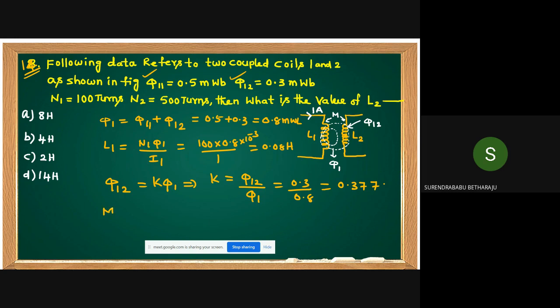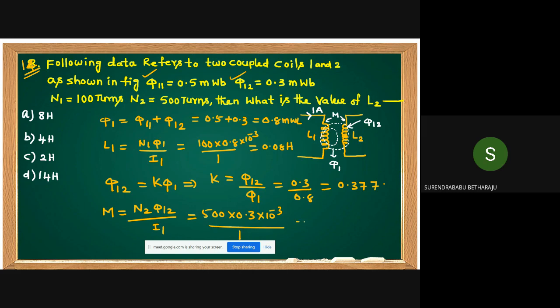Then from this we can define the M. How to define the M? M equal to N2 into phi 12 by I1. N2 is 500. Phi 12 is 0.3 milliweber, that is 0.3 into 10 to the power of minus 3.